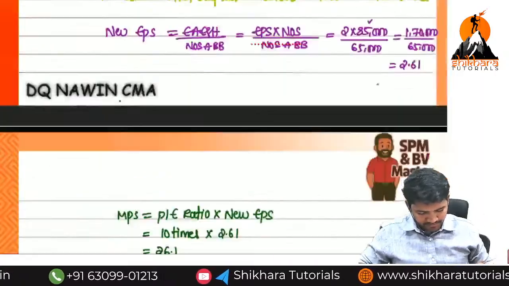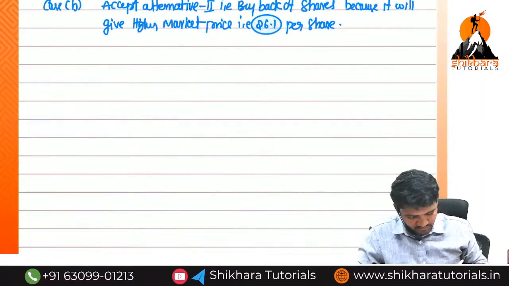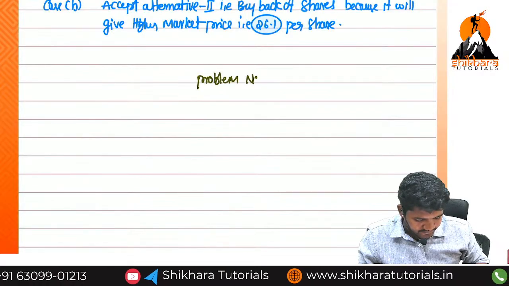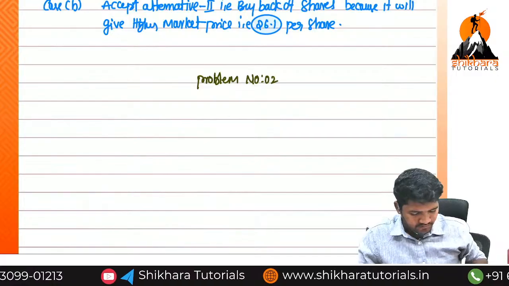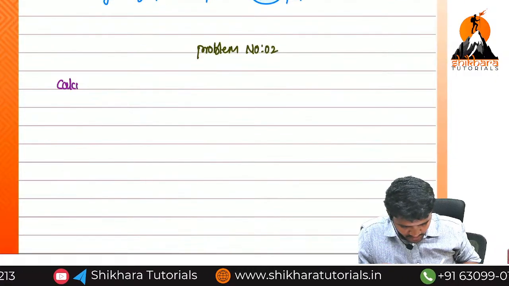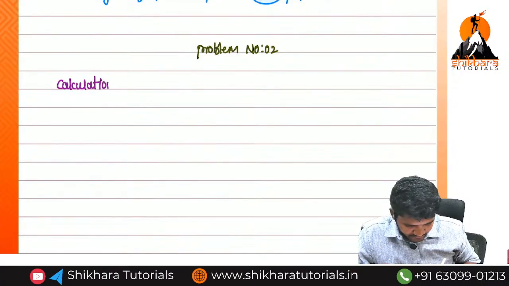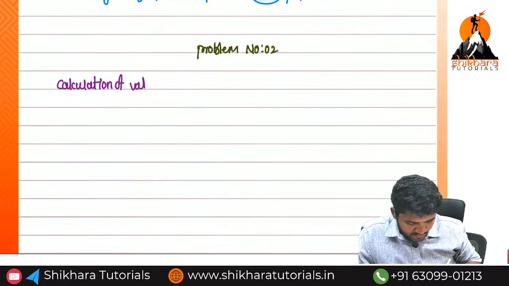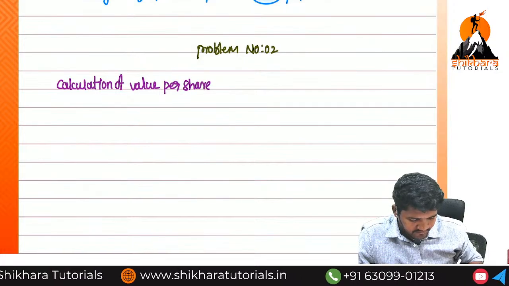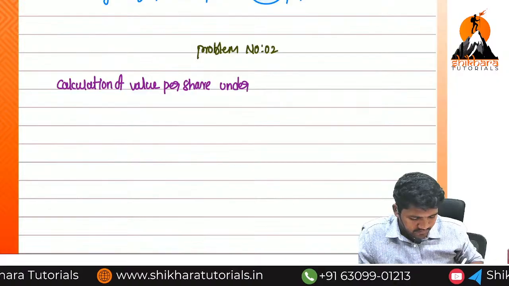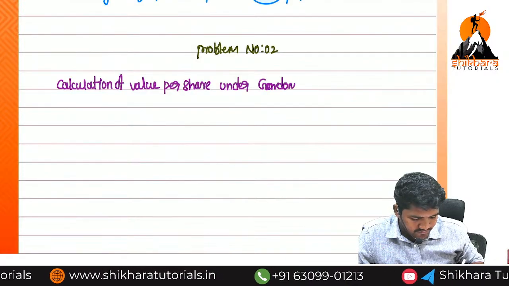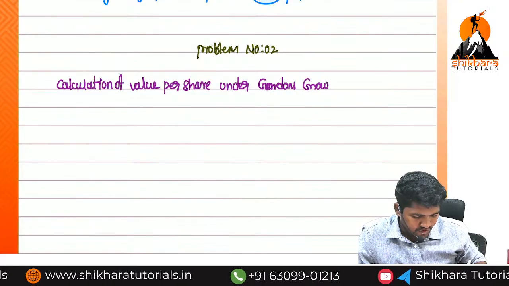So, problem number 12. Calculation of value per share under Gordon's growth model.